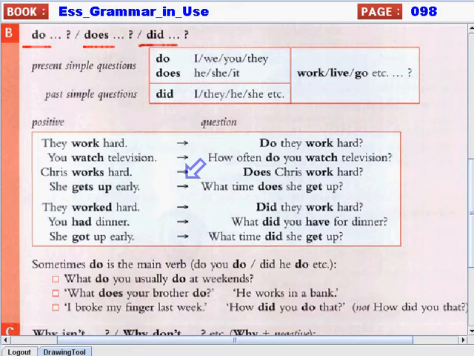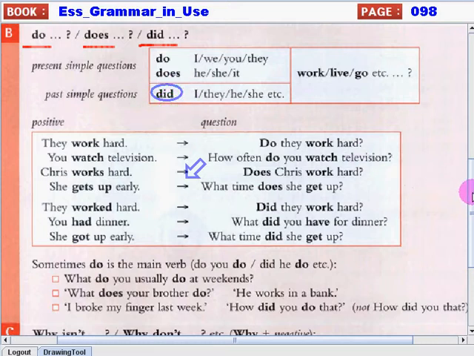When we form a past simple question, we use did. We start our question with did. Alright? We use did with I, they, he, she, many others, whether the subject is singular or plural, whether it's he, she, it, they, it doesn't matter with the pronoun or noun or how many is the subject, as long as the action took place before, or your sentence should be in the past simple, and we will use did.